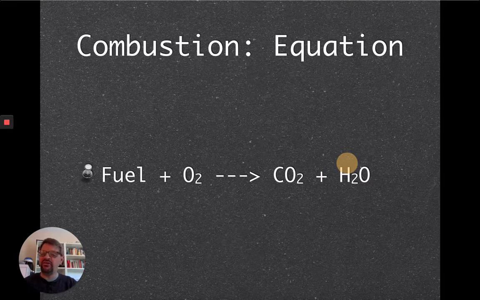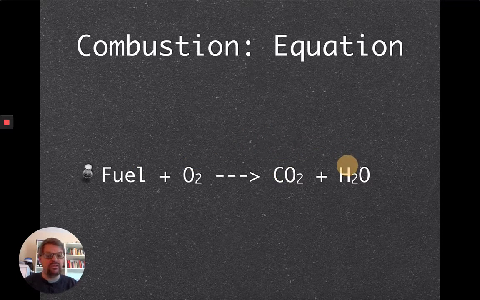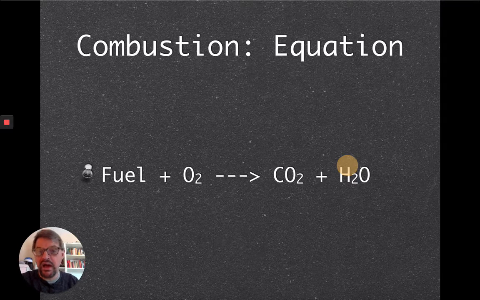So if I say, hey everybody, write out an equation for the combustion of octane, you would write the formula for octane, O2, CO2, H2O. Simple as that. And then you have to balance the equation.